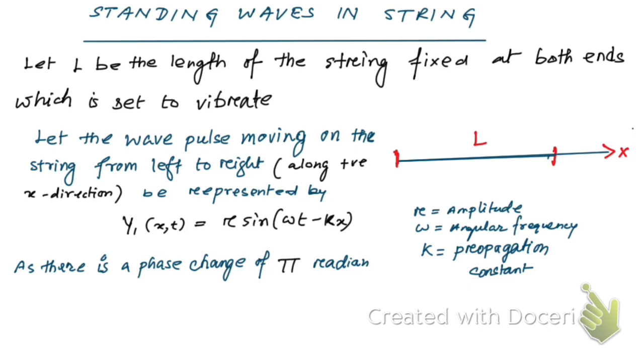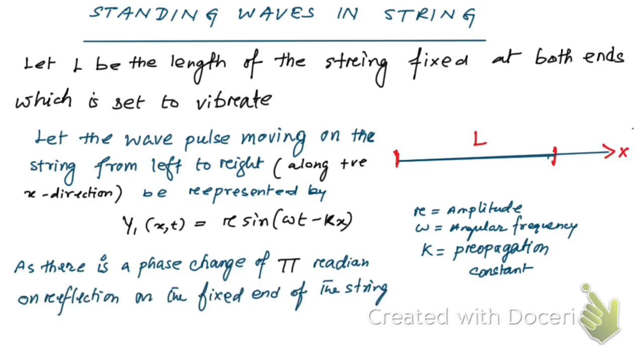So on reflection at the fixed end, the reflected pulse is traveling from right to left. This is the initial pulse that's reflected back from right to left.